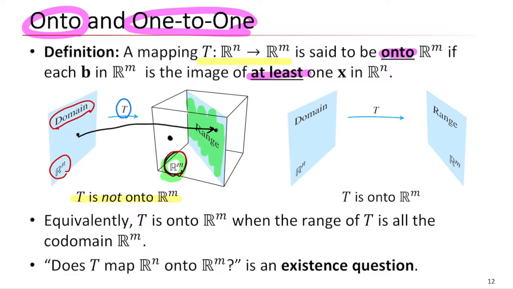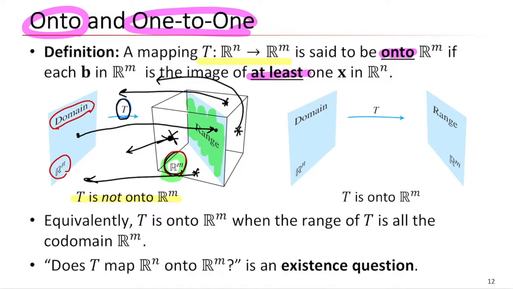They cannot be generated by transformation T on any vector x. There are some other such points too. So these values cannot be mapped from the domain space. This is the case of not onto Rm.